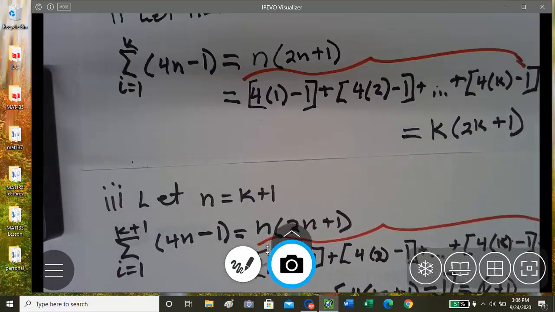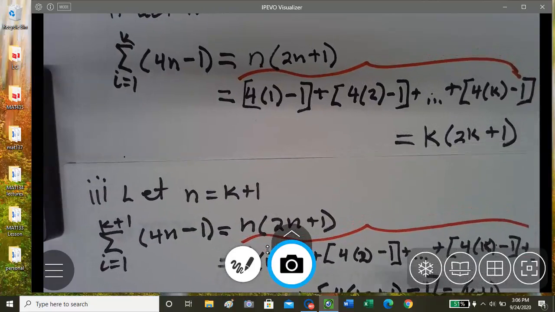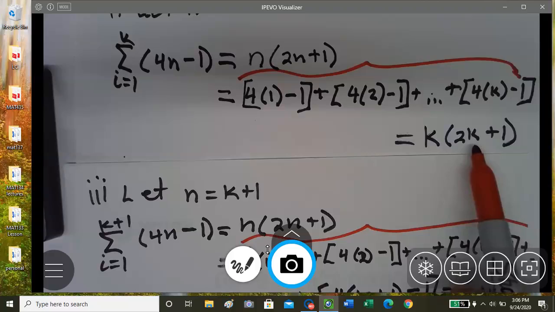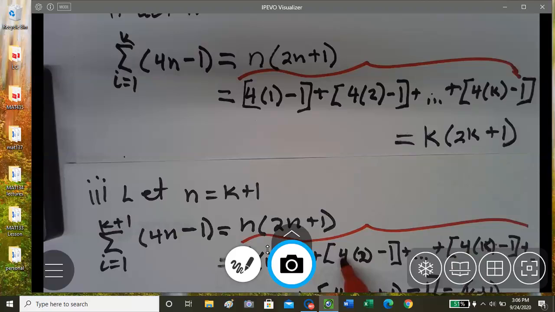It's the same. So therefore, we can take this part and substitute k times 2k plus 1 in for this.